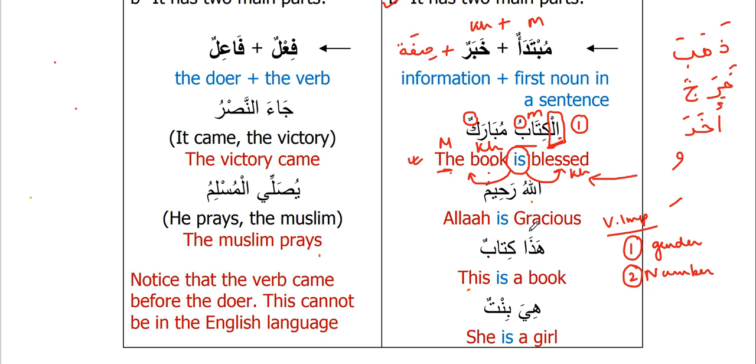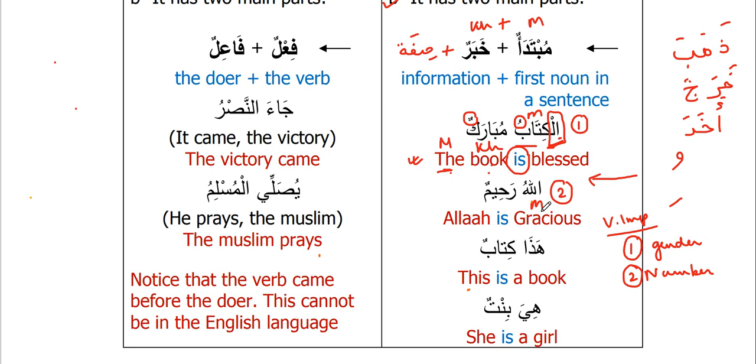So now let's see the second example here. Allahu Rahimun. Now you can see the harakas here clearly. Allahu Rahimun. So now the first noun is Lafzul Jalala. Now in Arabic grammar, you will be doing a lot of i'rab and a lot of Quranic ayahs, so the name Allah will come every time.